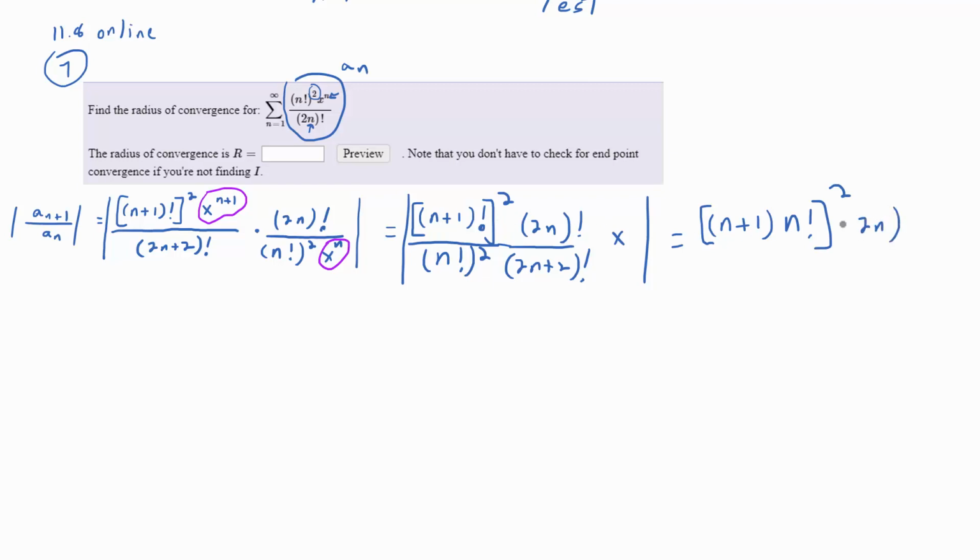I'm going to leave as is. The x, I'll just put that in for safekeeping so I don't forget. And then the n! goes down here, squared. And then I'm going to rewrite the (2n+2)! as 2n + 2, actually, and then times 2n + 1, is what I meant to say.